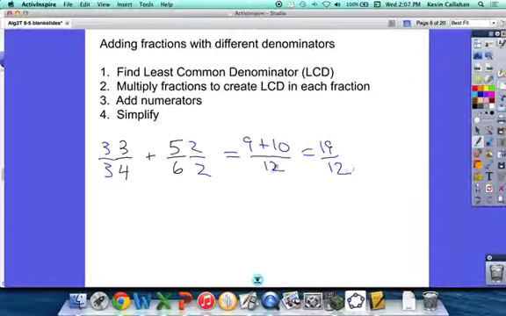And once you've determined that 12 is the least common denominator, what would you multiply times 4 to get 12? 3. Right? What do you multiply times 6 to get 12? 2.